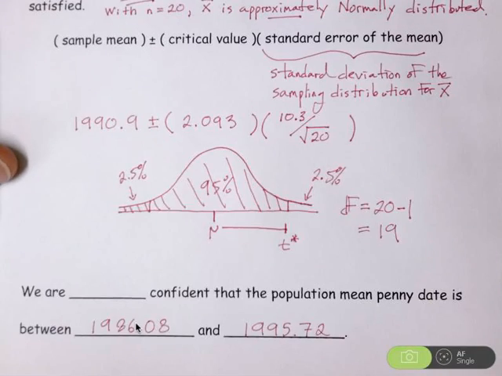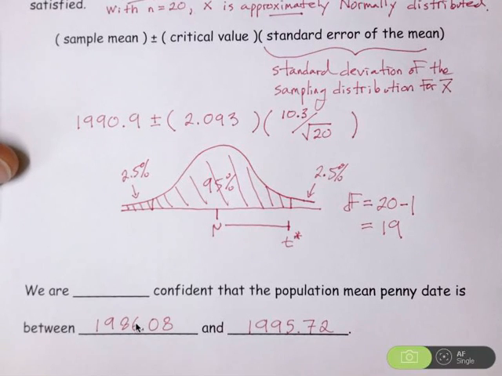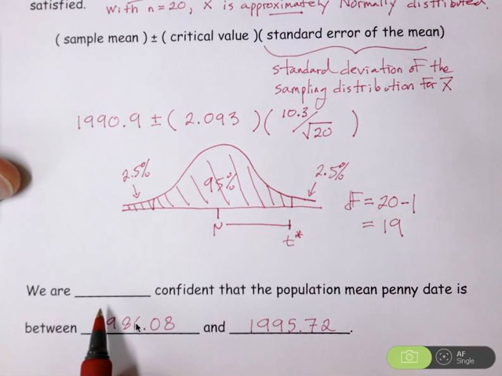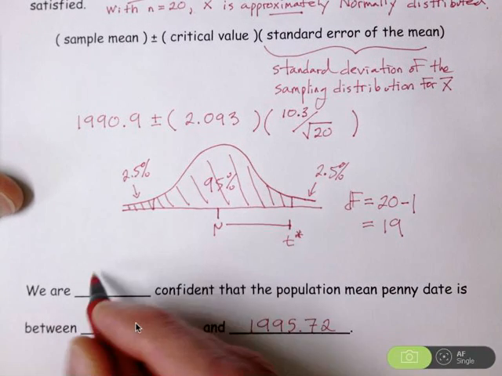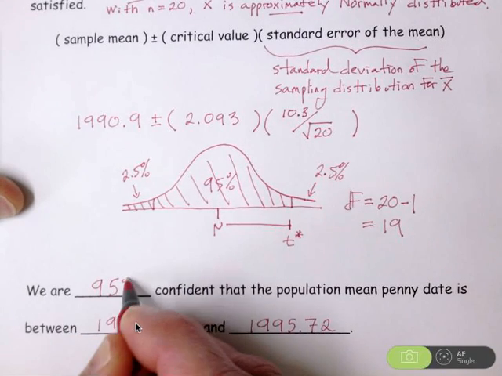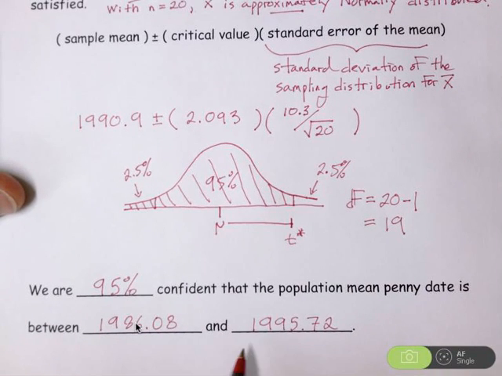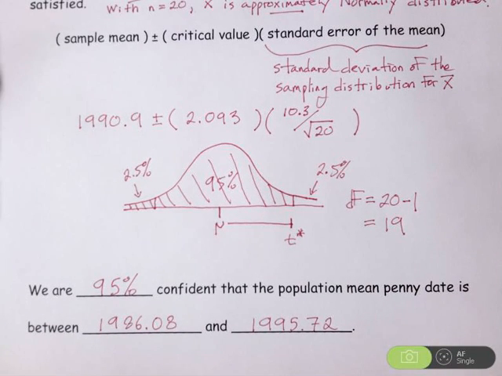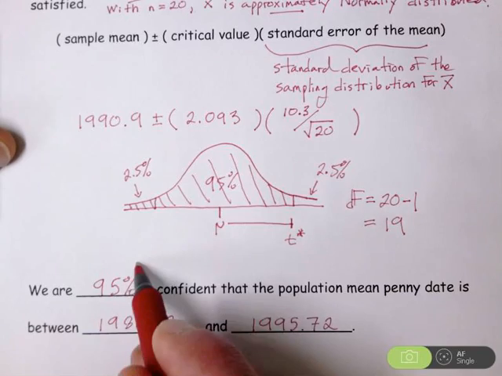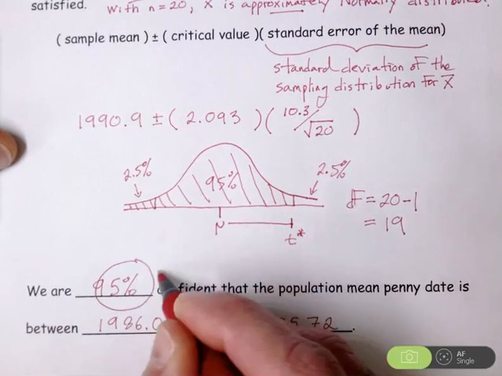So our level of confidence is 95%. In order to interpret this, we would say that we are 95% confident that the population mean penny date is between 1986.08 and 1995.72. So let's talk about the important parts to include in a confidence interval. You need to have your level. That's very important.